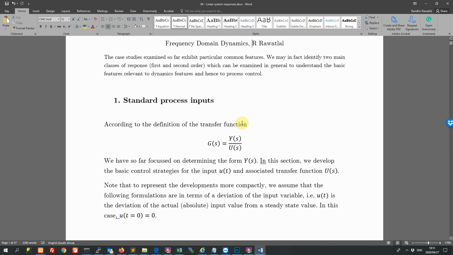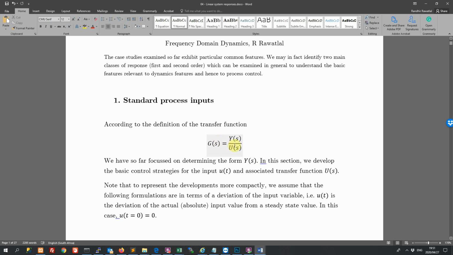We found generally that we had some output given as some polynomial function in S, and we could separate that into inputs and into the process, and we could create a transfer function which was the output divided by that input function.